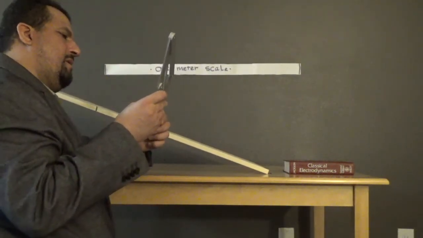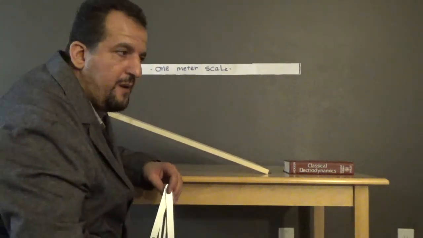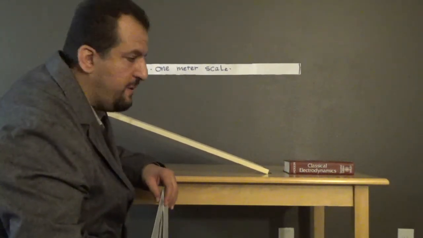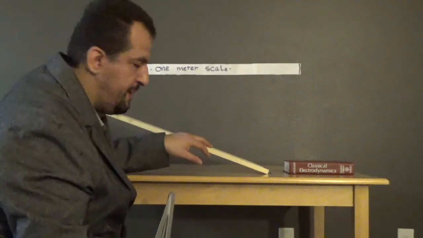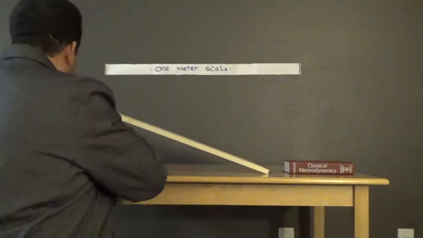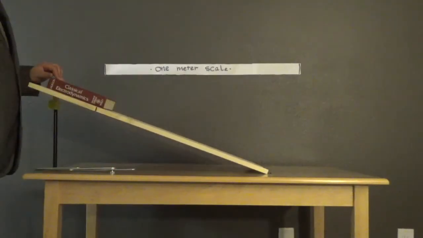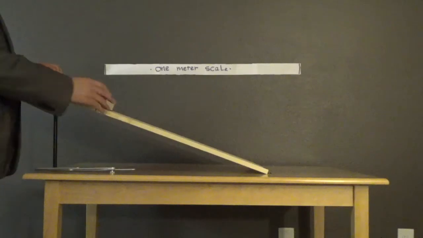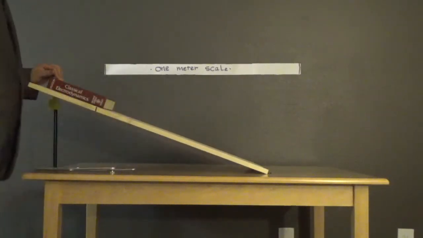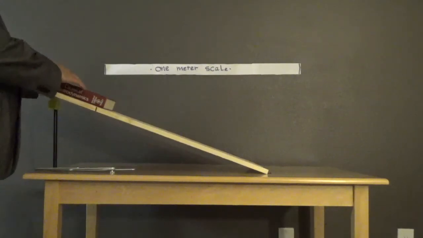So we have 19 degrees. This is the critical angle that made this book slide down. Now what I will do, I will try to test the incline again with this angle, the 19 degrees angle, and see if the object will go down.